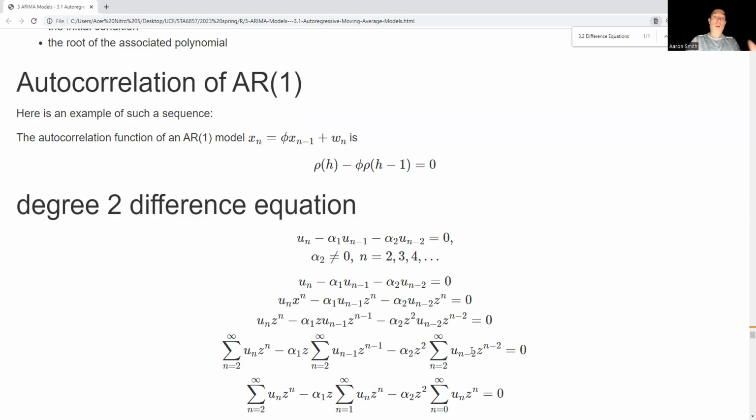The difference is in the n minus 1, the n minus 2, and the n. Now, if I look at this summation, it starts at n equals 2. Well, if I plug in 2, I get a 1 in the subscript and the superscript. So I'm just going to change this so that it starts at 1 and goes from 1 to infinity.